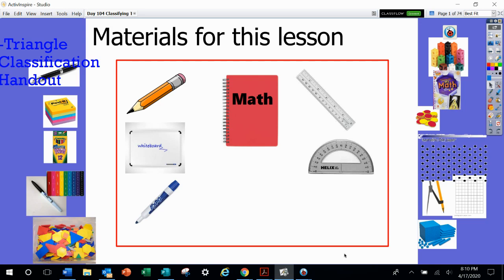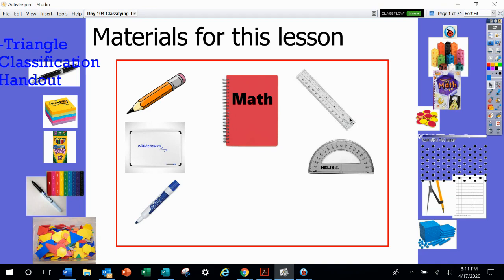Okay, guys, we're ready for another math lesson. For today, you need a protractor and a ruler. If you do not have these two things readily available at home, I've linked some paper ones off of the internet that you can just go ahead and print, or you can Google some for yourself.